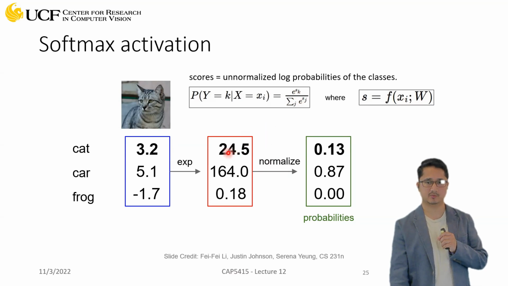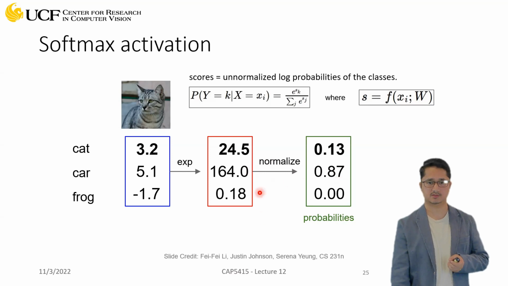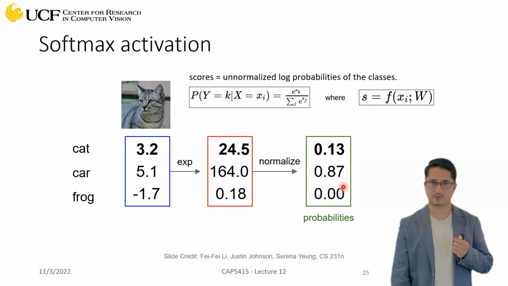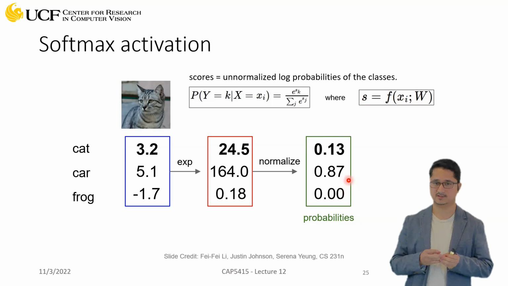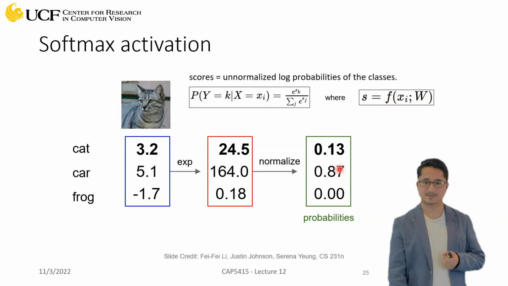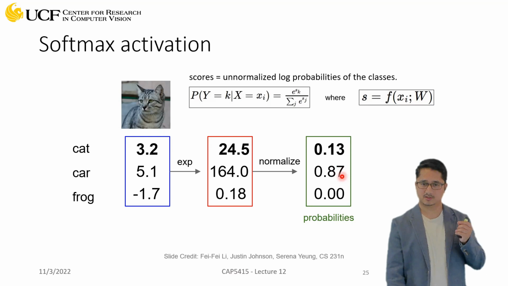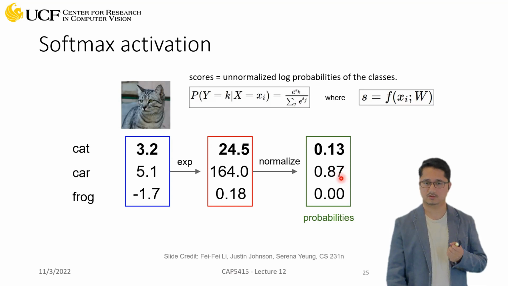So in this case, it will be 24 over that 190, and that will give you 0.13. Again, this will be 164 over 190, going to give you this. And this is going to be 18 over that number, so pretty close to 0. And these are actual probabilities. There are some interesting properties here. You can easily say that the confidence score of this prediction for this image being car is 87%.